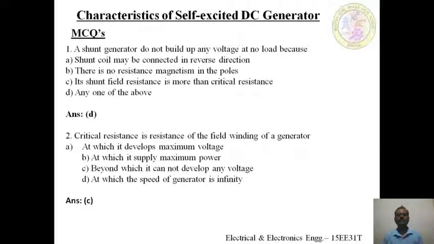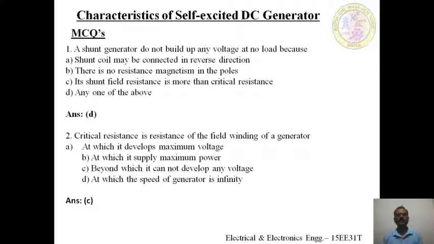Critical resistance is the resistance of the field winding of a generator. Four options: at which it develops maximum voltage, at which it supplies maximum power, beyond which it cannot develop any voltage, D. at which the speed of generator is infinity.